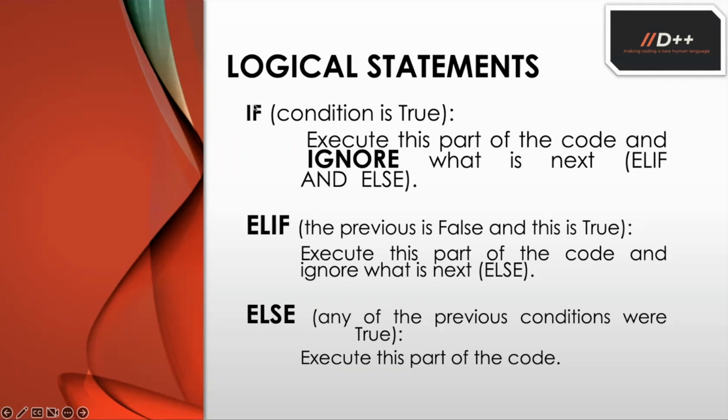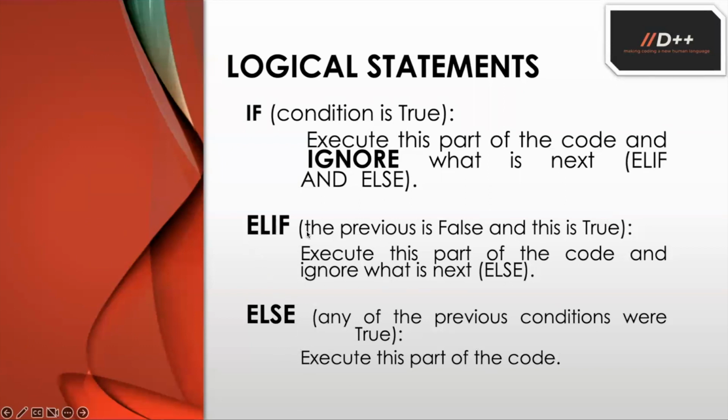I'm just going to skip it and go to this elif, which stands for else if. Here I could have a different condition, or multiple conditions. If the previous one is false, I skip that if statement, but if this one is true, I execute this and ignore everything after.